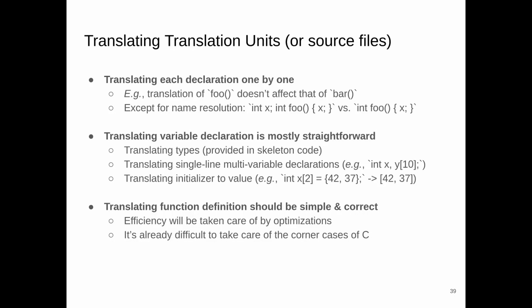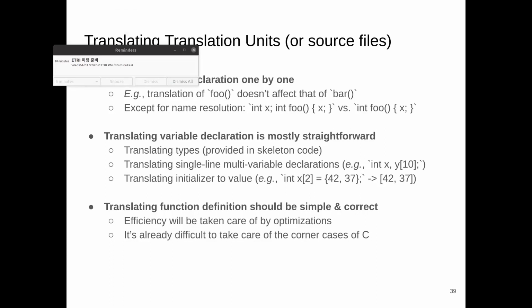The reason is that we need to focus on simplicity and correctness because IRgen is already difficult to implement, as we need to take care of all the corner cases of C. We don't want to mix the difficulty of corner cases of C with the difficulty of achieving efficiency and optimizations. All optimizations and efficiency will later be dealt with in optimization passes like mem2reg, GVN, dead code elimination, etc.